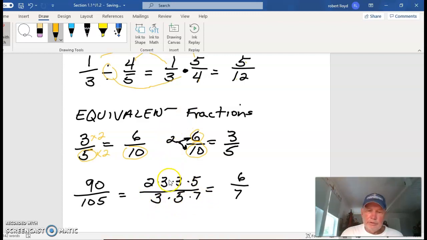Now, since everything is multiplied, whatever matches in the numerator and denominator can be canceled. Now we can't cancel the 2 with the 7 or the 3 with the 7, so we multiply the remainder. 2 times 3 is 6. 1 times 1 times 7 is 7.